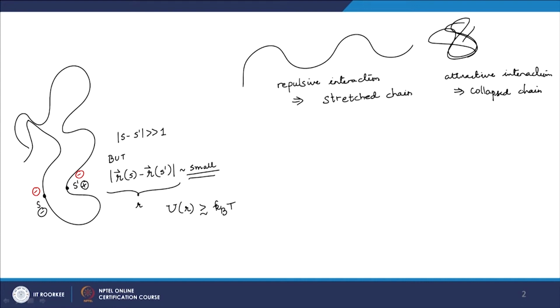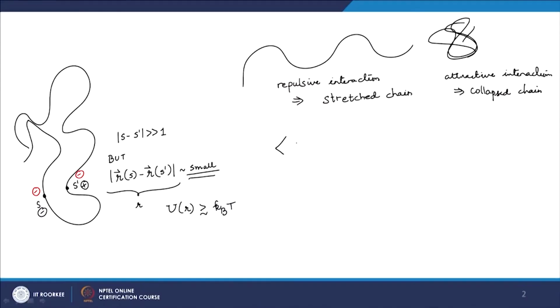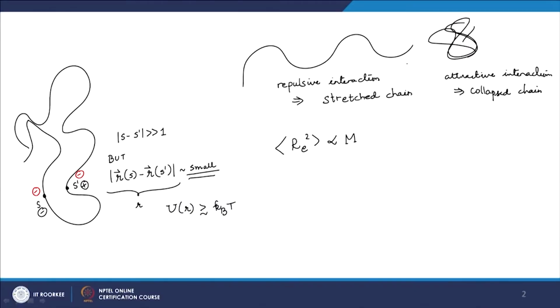Now, the point to be made here is the ideal chain model gave us the scaling for the end-to-end distance squared average to be like R_E squared going as M, and that model did not consider either an attractive interaction or a repulsive interaction. So, my ideal chain is somewhere between the two extremes.